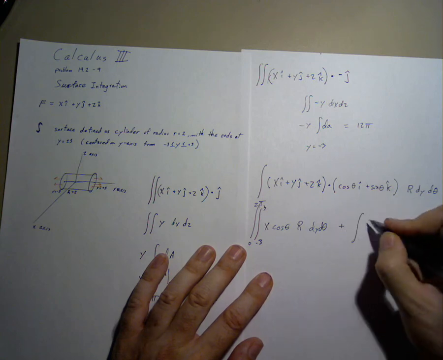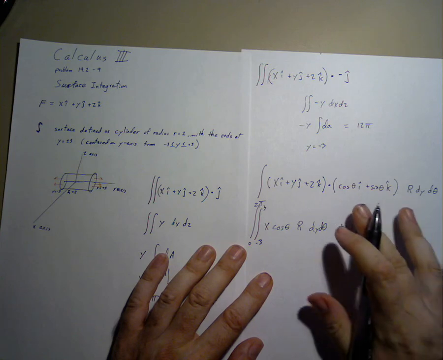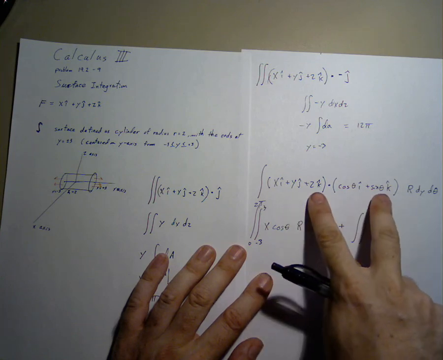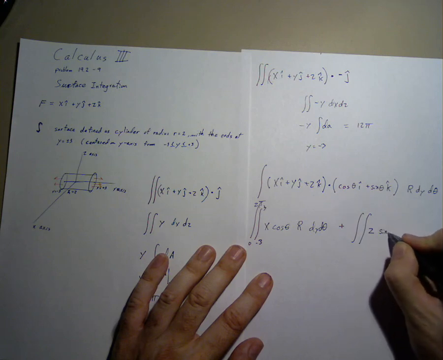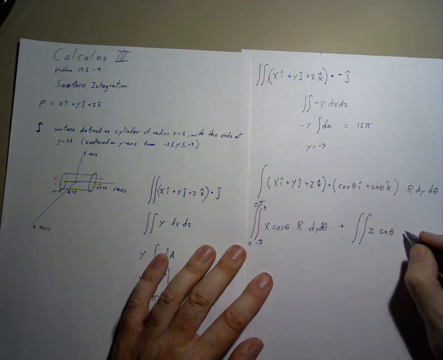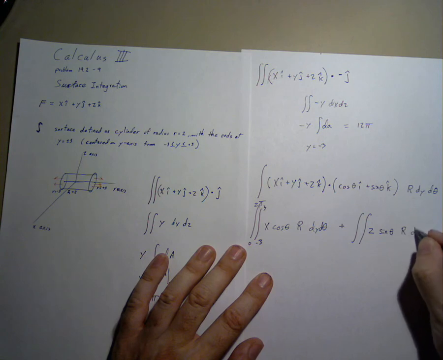Likewise, we can set up our k term as z sine theta r dy d theta.